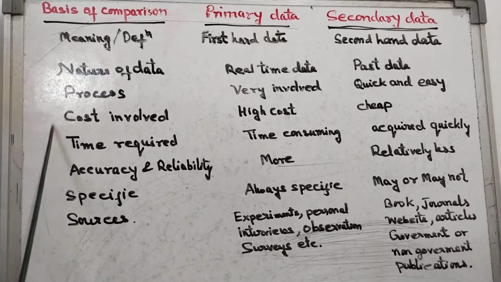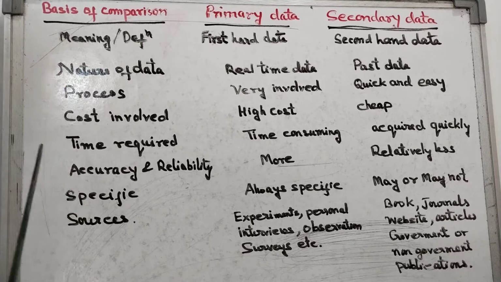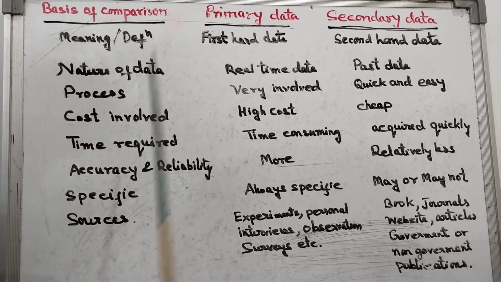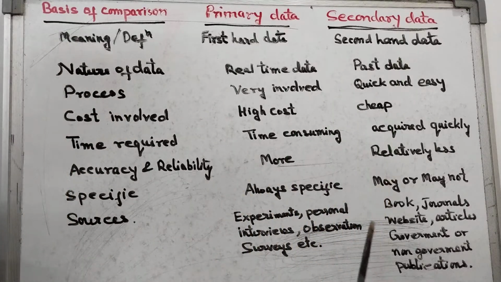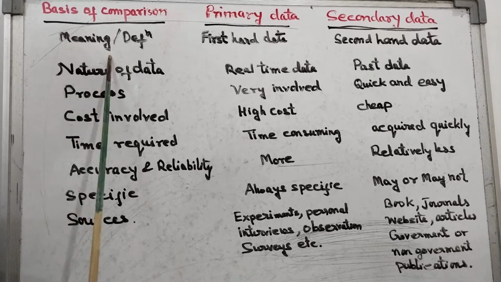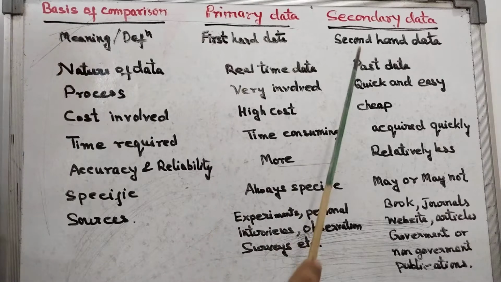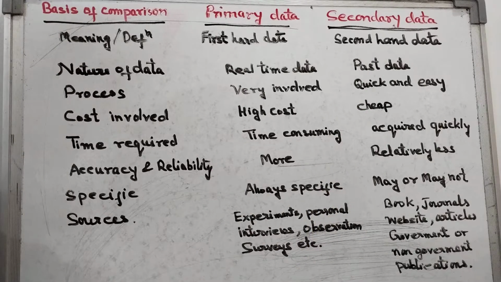So these are the bases I have written on the left hand side. On the basis of this we compare primary data and secondary data. So let's start with the first, meaning and definition of data. Primary data are first hand data and secondary data are called second hand data.